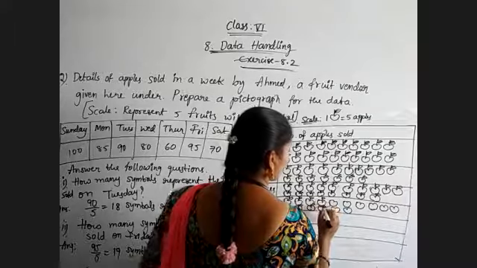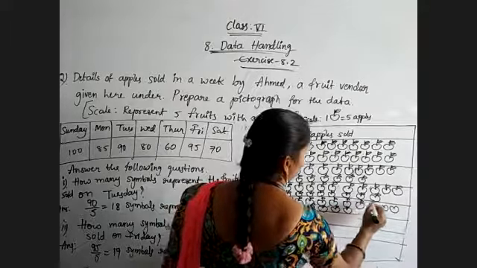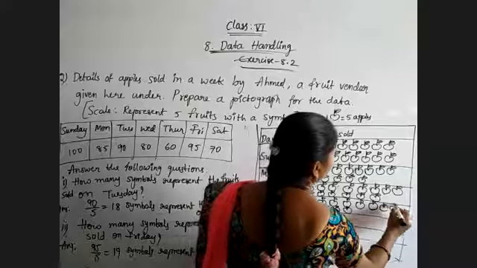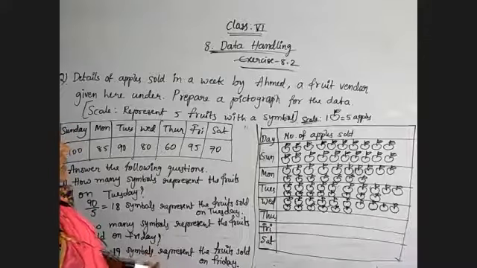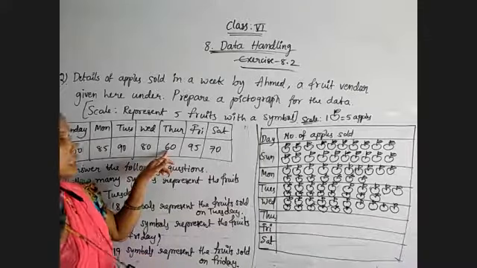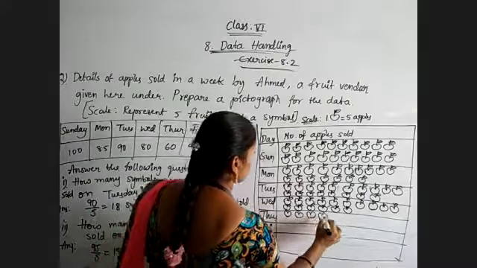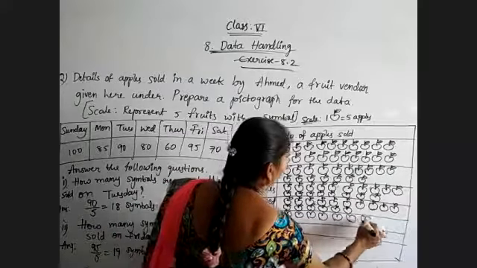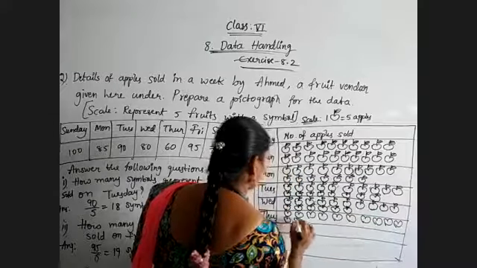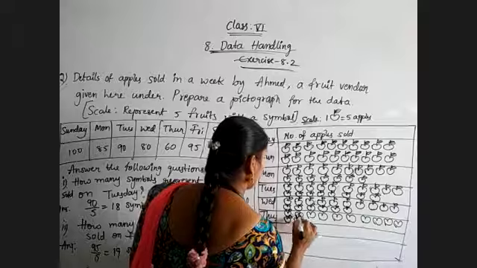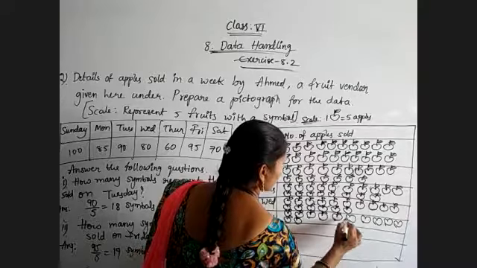Here place is not sufficient. That's why I am drawing like this. Represent with any other symbol also, no problem. These pictures, that is your wish. Now Wednesday 16 symbols and 60. 12 fives are 60, so 12 symbols we need. 1, 2, 3, 4, 5, 6, 7, 8, 9, 10, 11, 12. That's all. So draw neatly.